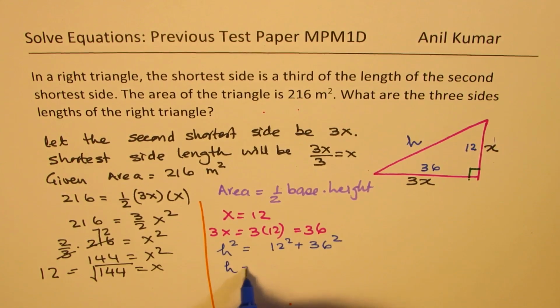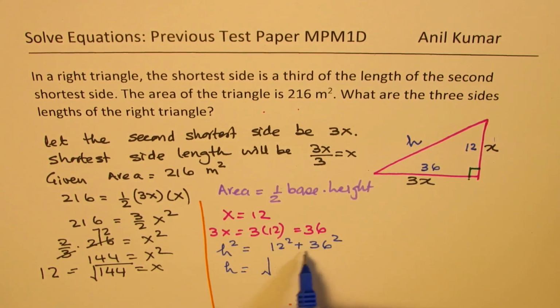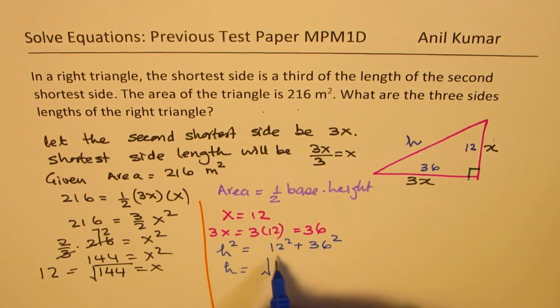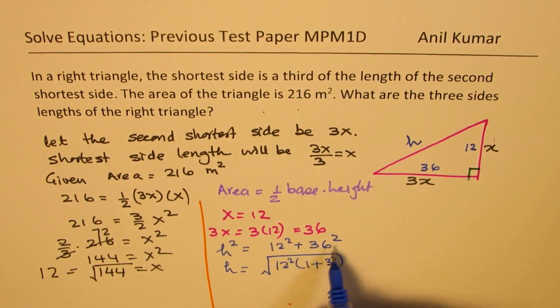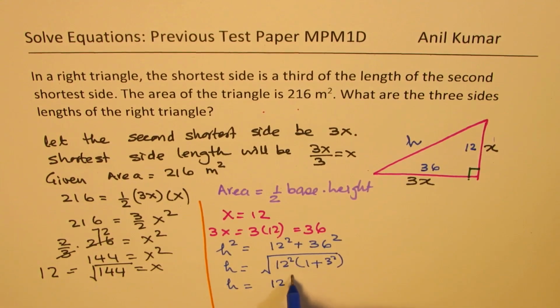Now h is equal to the square root of, we can do it like this. 12 square we can take common, right? 1 plus, this is 12 times 3, 3 square, right? So we get 12 outside and 9 plus 1 is 10.